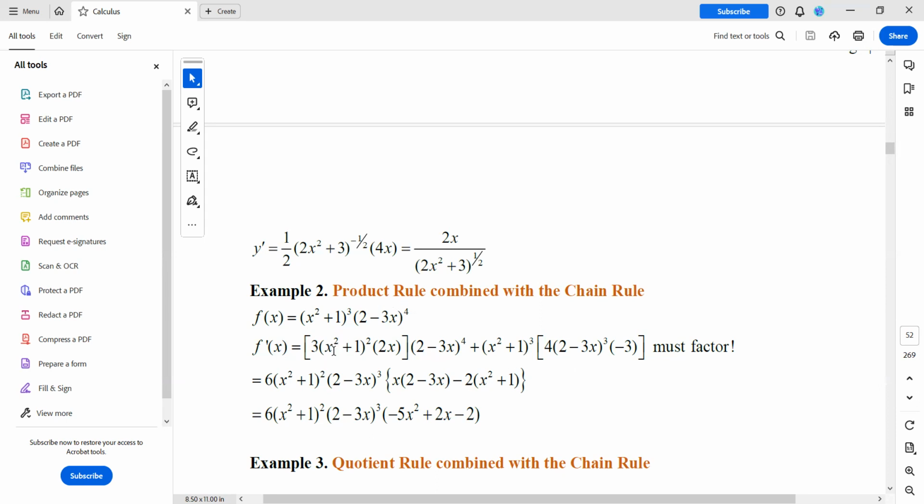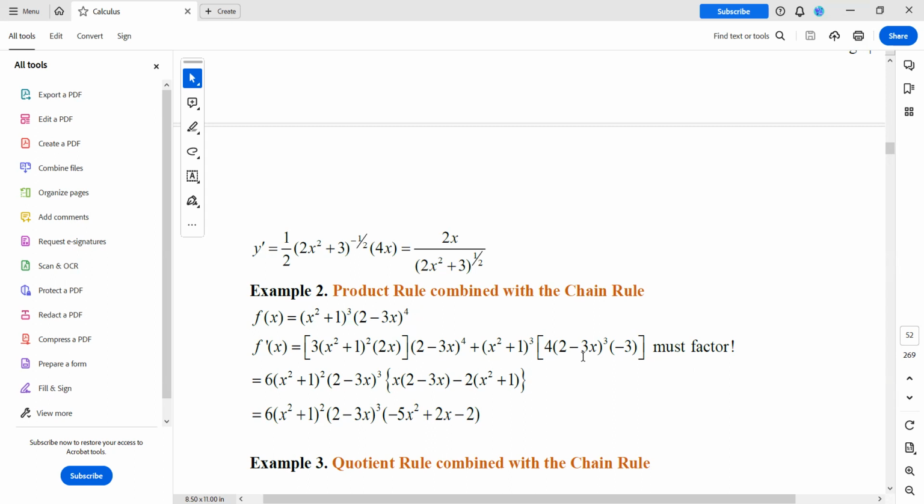So I did the differentiation of this, which is why I have 3 open bracket x squared plus 1 close bracket all squared, times you differentiate what you have inside, which is why you have 2x, times g of x, which is 2 minus 3x raised to power 4, plus you leave f of x alone, which is why you have this. Differentiate this, which is why you have 4 open bracket 2 minus 3x close bracket raised to power 3, times you differentiate the inner function, which is why you have minus 3.